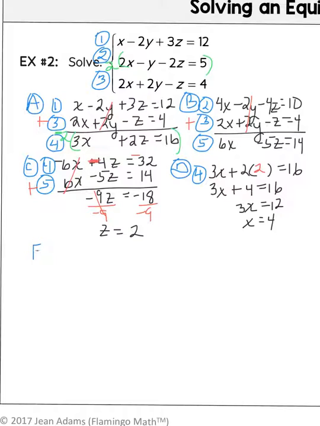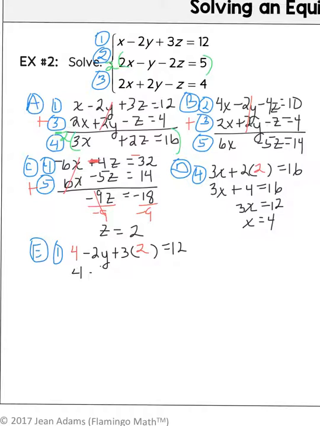So part E, instead of x, I'm going to put in a 4 minus 2y plus 3 times my z value, which is 2, equals 12.